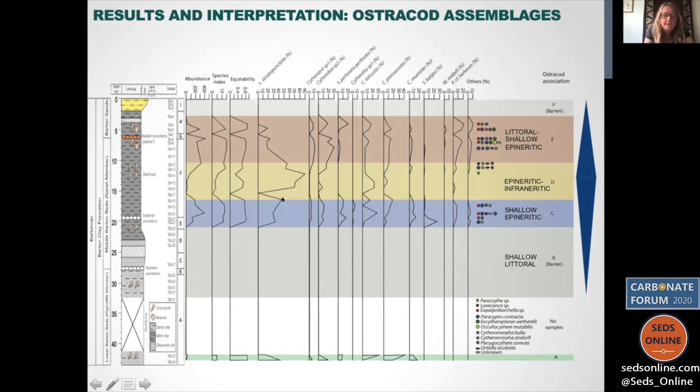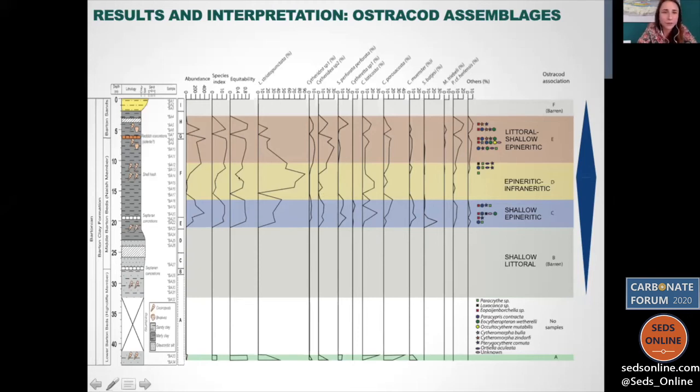That's really what I was getting at. Yeah, this one, for example, is the Leguminocythereis striatopunctata. It is the most abundant species. And it's particularly abundant here. It's true that if we look at the percentage, the big abundance is also because the others are not really present.